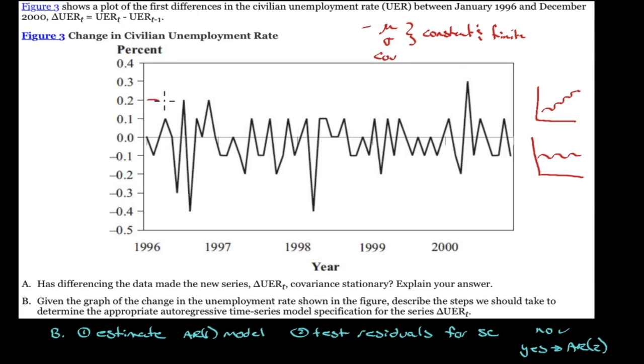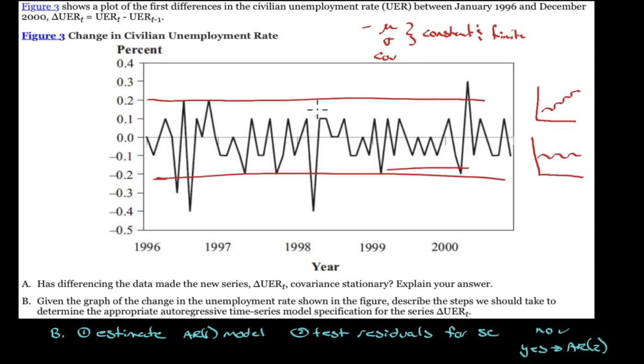Do we have constant variance? Well, it seems that if we draw 2 lines like this, it seems to fluctuate in between these 2 lines. What wouldn't be constant variance is if we saw something like this over time. We'd have 2 different types of series in there. So it looks like condition number 2 is satisfied.